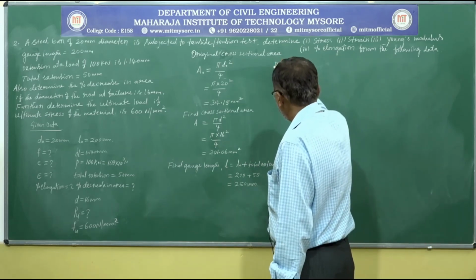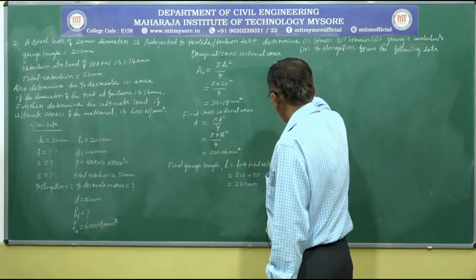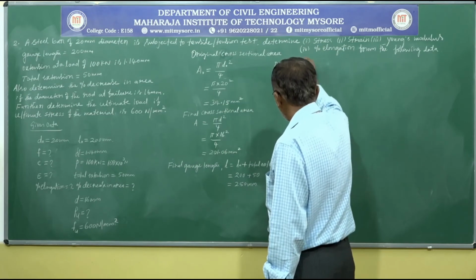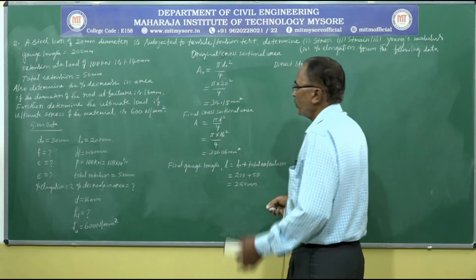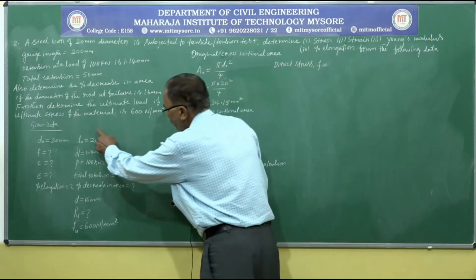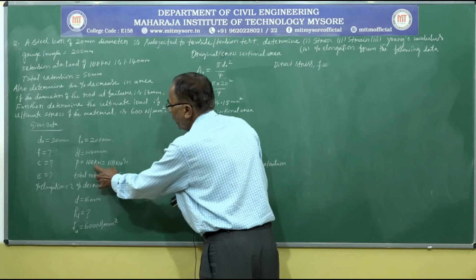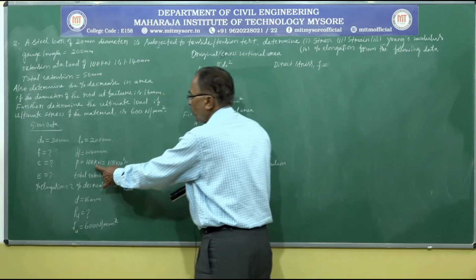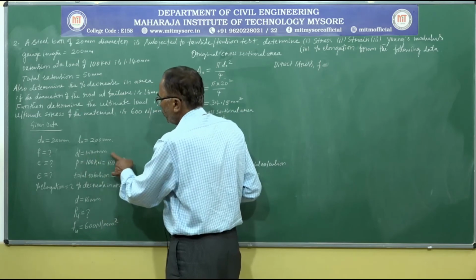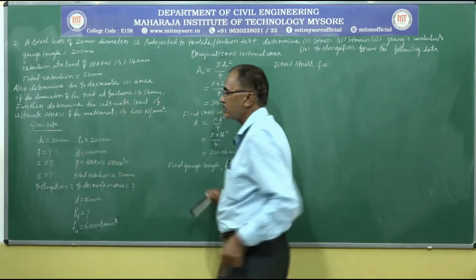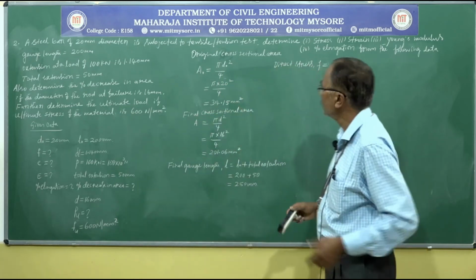First one, direct stress or stress. F is equal to... given values are only P. Under this applied load 100 kilonewton, the measured extension is 1.140 millimeter. Let us calculate the stress corresponding to that applied load.